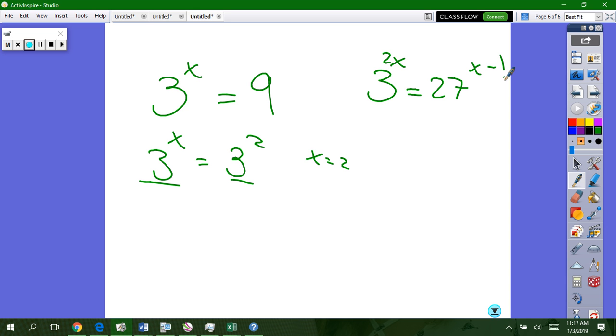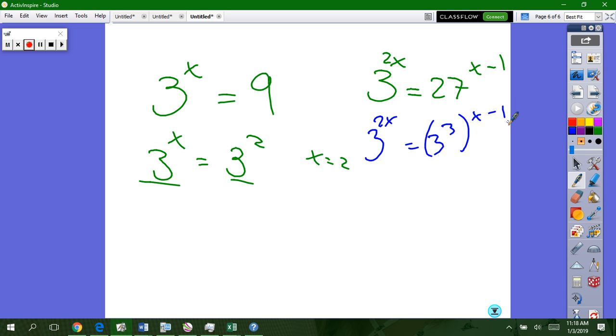Do you know when 3 raised to the 2x equals 27 to the x minus 1? Are they the same base? Was 9 the same base to begin with? Did I make it the same base though? So can I make 27 base 3? What is 27? 3 to the third?